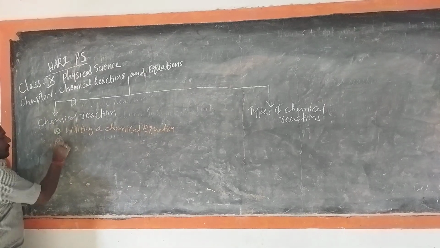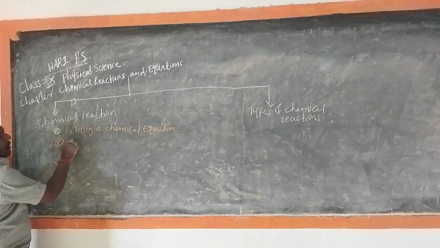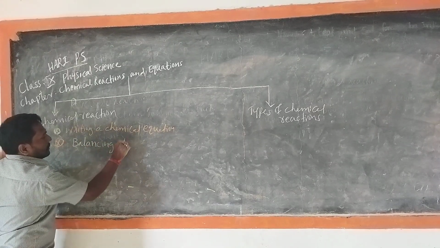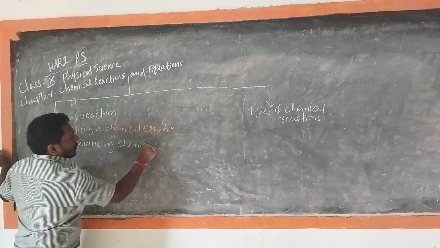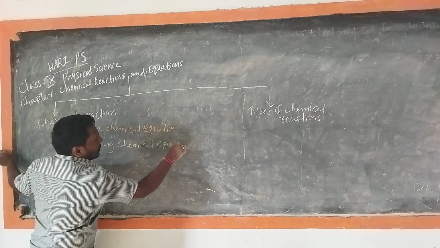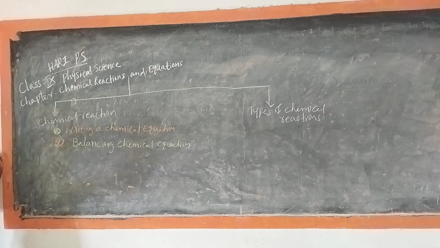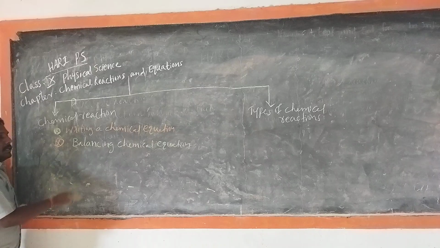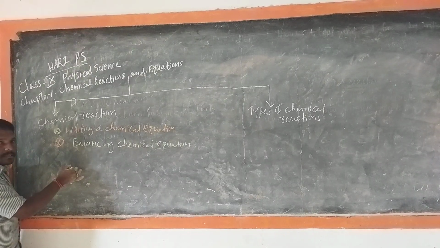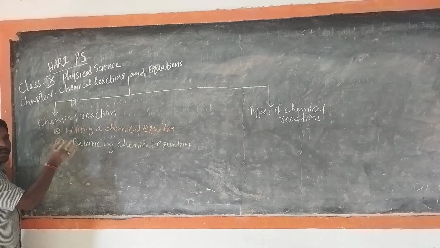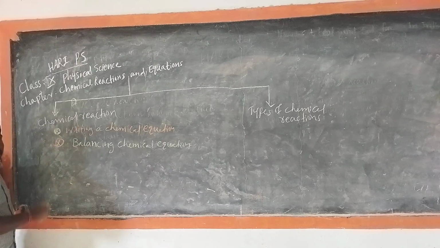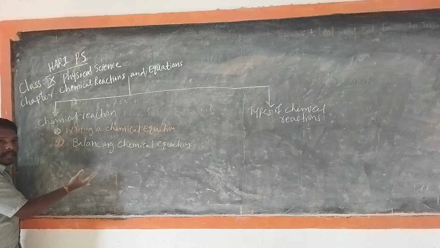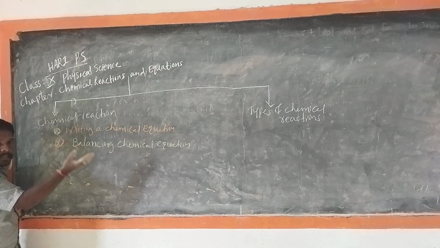Then we discussed balancing a chemical equation. The steps: first, write the whole equation. Second, use the correct formulas and symbols of the substances. Then count or note what elements or substances are involved in the reaction.